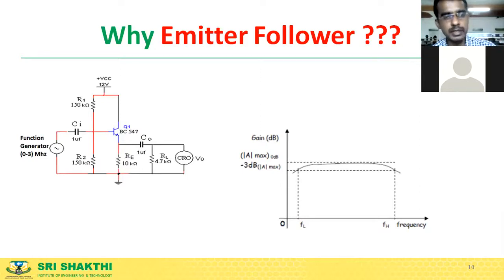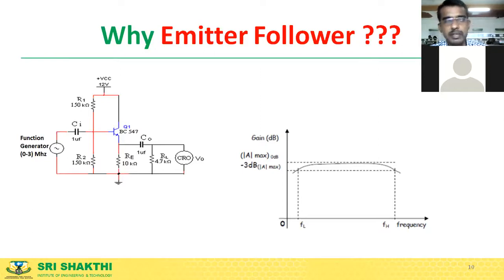The output voltage at the emitter is going to follow the input voltage at the base. That's why we call it an emitter follower. So though this circuit, the common collector amplifier, doesn't work well as an amplifier, it is always used for impedance matching. So that's the application of the common collector amplifier.